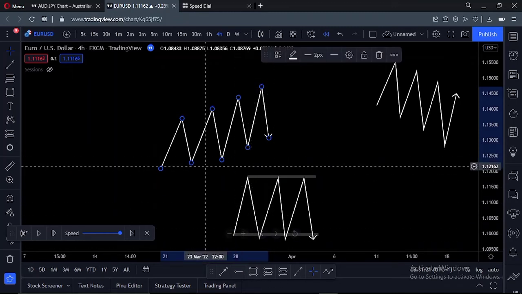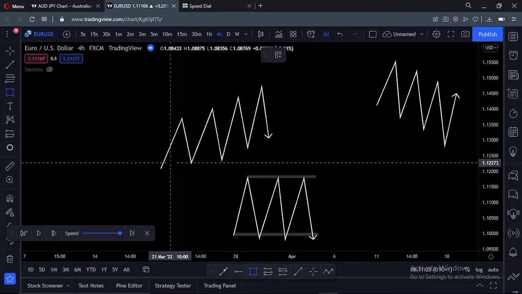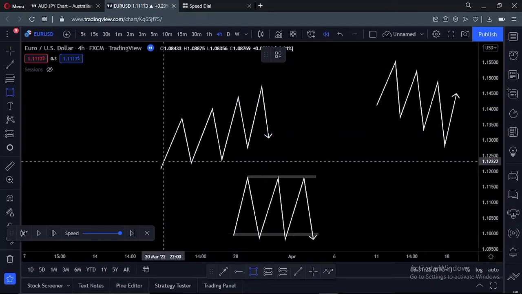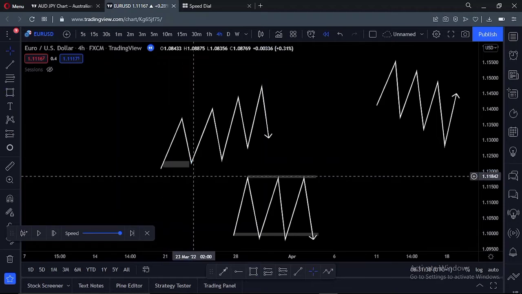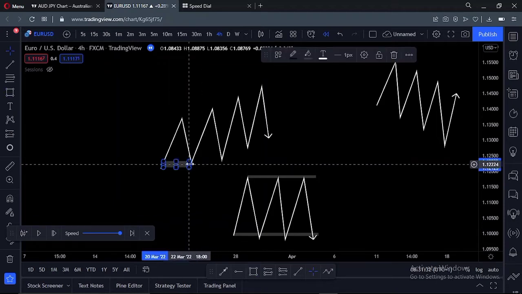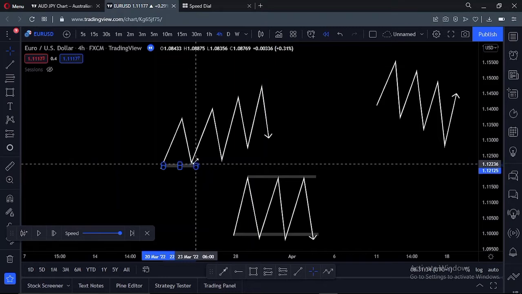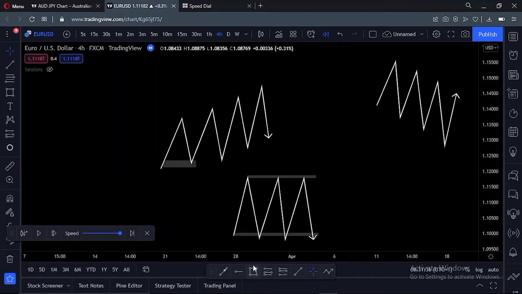In a bullish market structure, price respects demand zones. Price respects what? Demand zones.